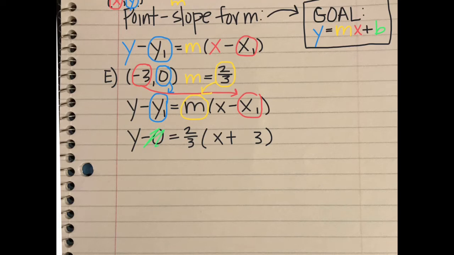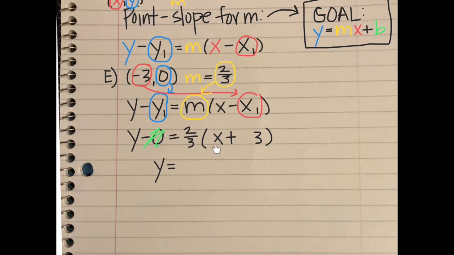So we've got on the left y equals, now we've got to deal on the right hand side here with all of this here. And we're going to do the same thing we would do when we were solving equations. That's why we went over all that stuff last week. What we know is that we've got to multiply 2/3 times x, and then we've got to multiply 2/3 times 3.